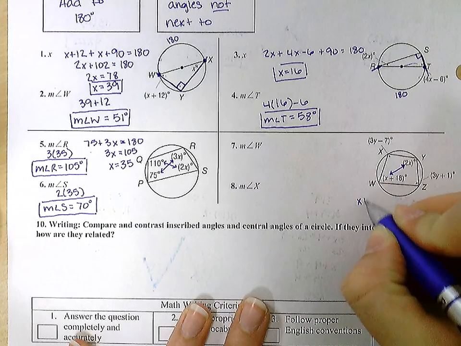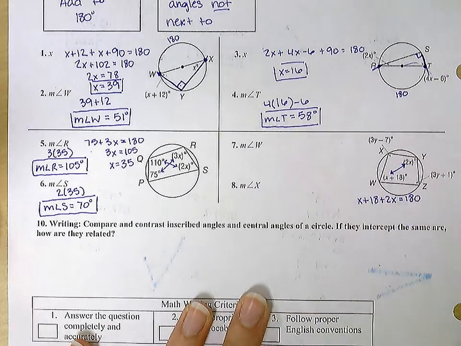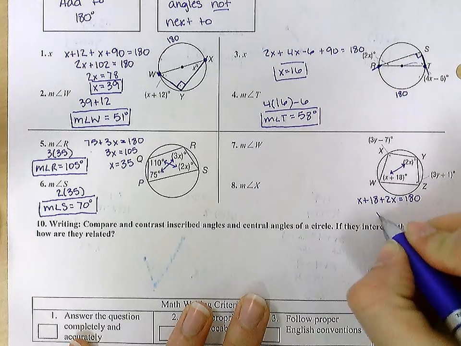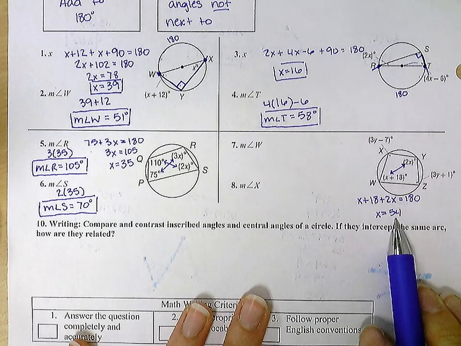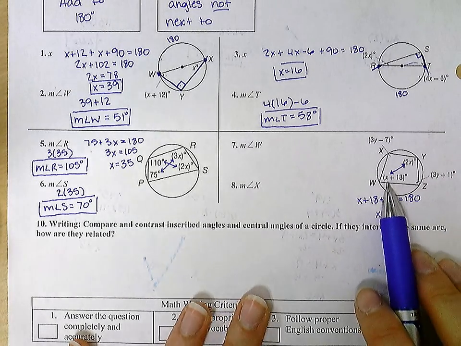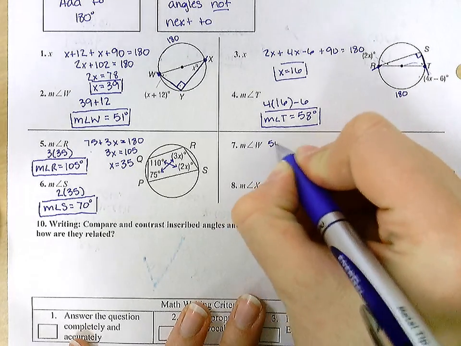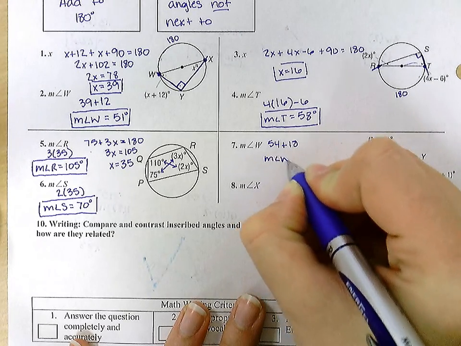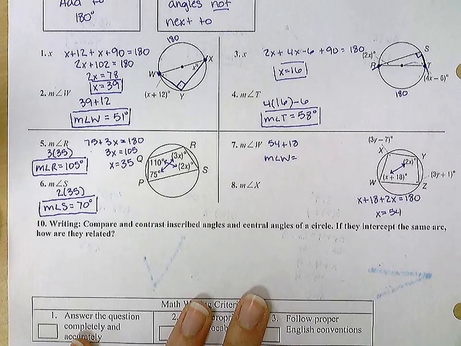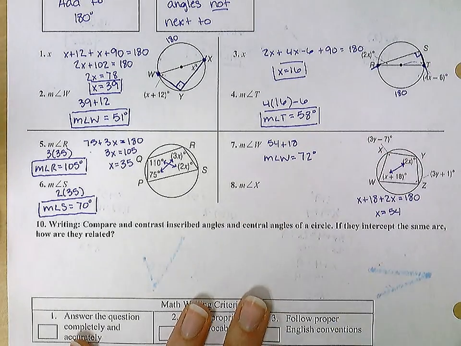So you should have had x plus 18 plus 2x equals 180, to get x is equal to 54. Once you solve for x, you want to substitute it in for angle W. So you have 54 plus 18, and you should have had 72 degrees for the measure of angle W.